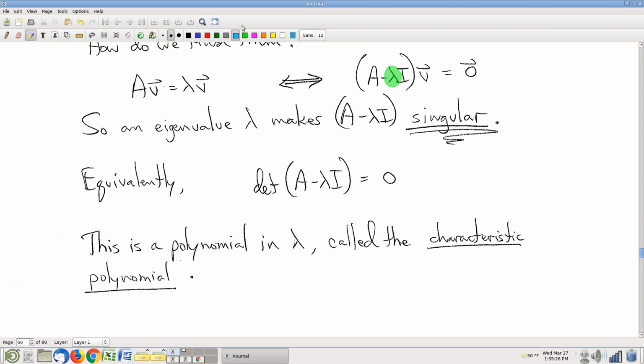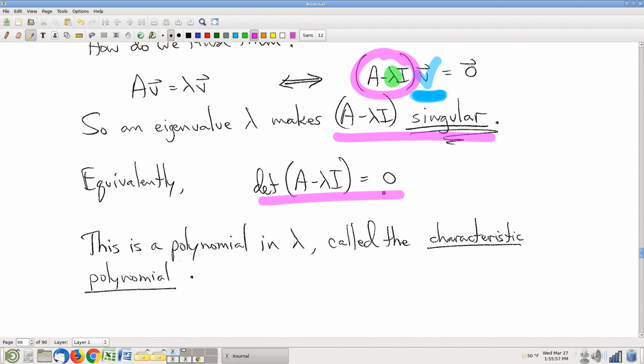Well, if there is an eigenvector, there is a non-trivial null space. That means that this matrix A minus lambda I has to be singular, and then refer back to that very long list of equivalent conditions that we wrote down at the end of chapter 2. Among those, A minus lambda I being singular means its determinant is equal to 0.